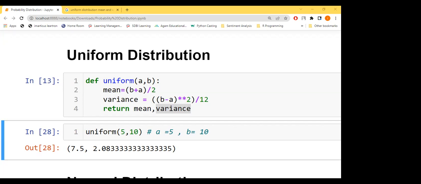So write this one. Write this one, guys. So uniform distribution. Yes. I'm sharing a screen now, right, everyone?